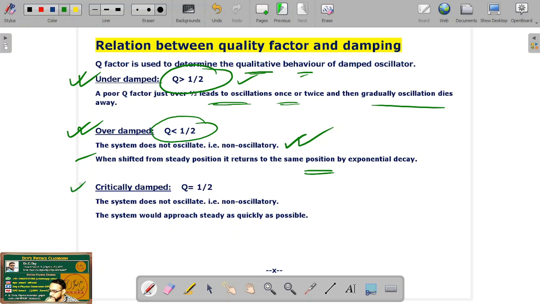Thirdly, in the critically damped case, quality factor is half. Here also the system is non-oscillatory, and when shifted from its equilibrium position, it will return to equilibrium as quickly as possible. So this is the relation between quality factor Q and damping.